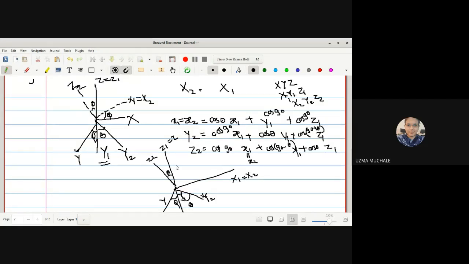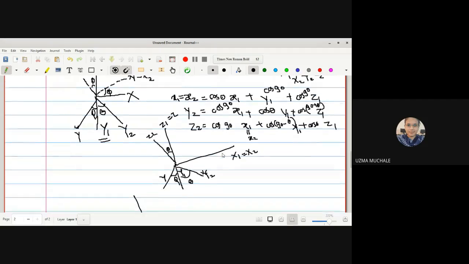If it is outside, suppose we want to find the angle between y2 and z1, it will be 90 plus. If it is the angle between z2 and y1, the angle between z2 and y2 is 90 degrees, and theta is inside that 90 degrees. So what will be the angle between z2 and y1? It will be cos 90 minus theta, the direction cosine.